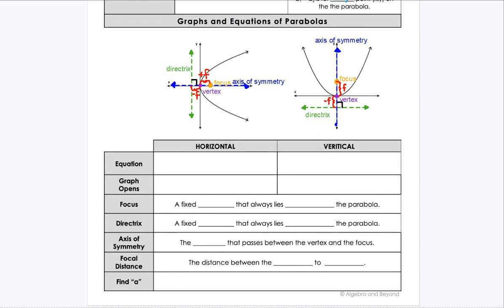When our parabola is horizontal, which means it opens left or right, that kind of parabola is created from an equation that says x minus h equals a times y minus k squared.